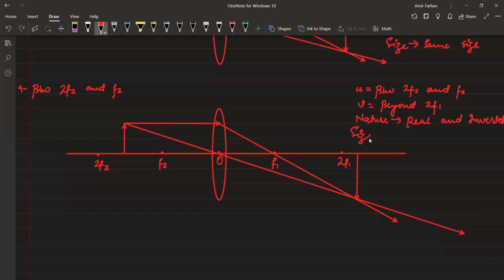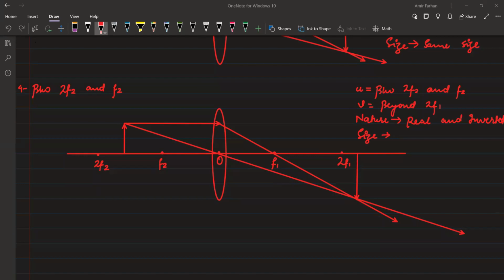Size will be, can anybody tell me the size of this image? Diminished. Okay, who gave the answer? Sir, Aisha. Okay, Aisha. Rest of you, Alvina, Mariam? Diminished, sir. Diminished. Okay.